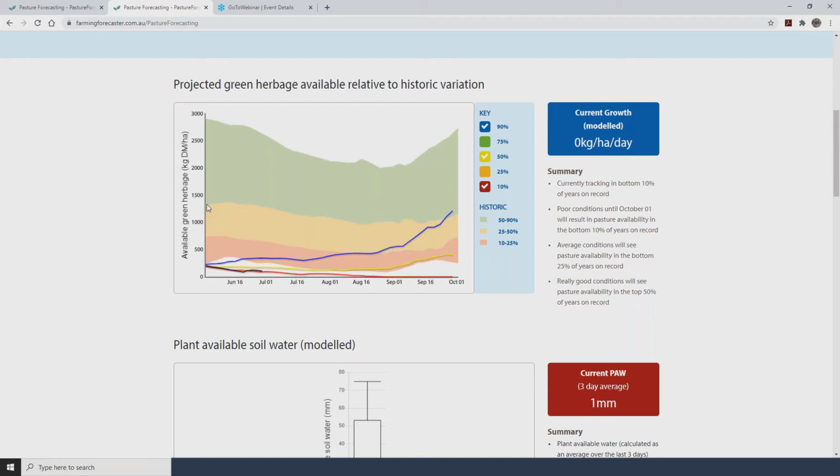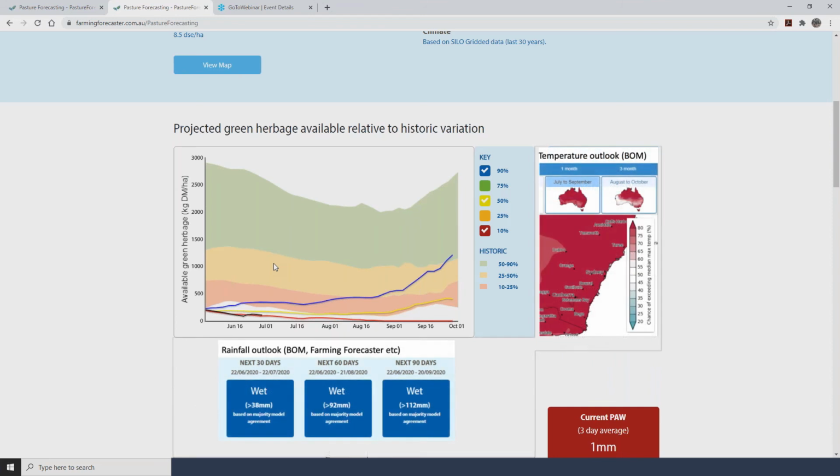The other thing to note is that with these pasture forecast graphs, you can also use rainfall and temperature forecasts to assist in deciding what percentile might be the most relevant. So, as previously mentioned, by default, the Farming Forecaster will display the 10th, 50th, and 90th percentile.